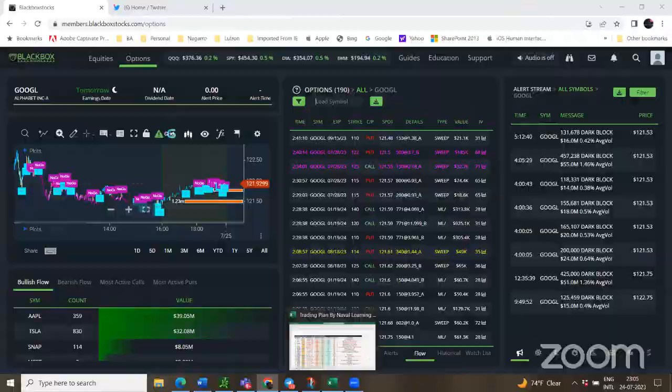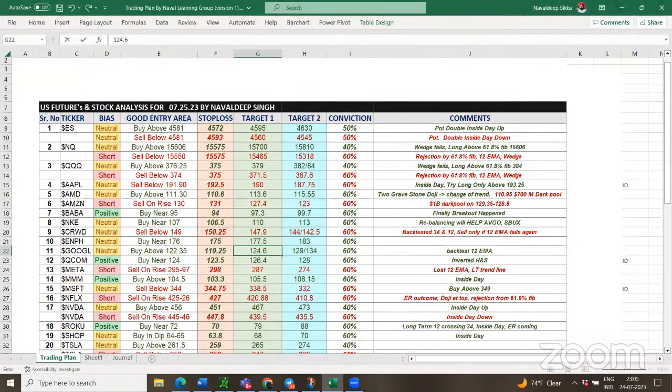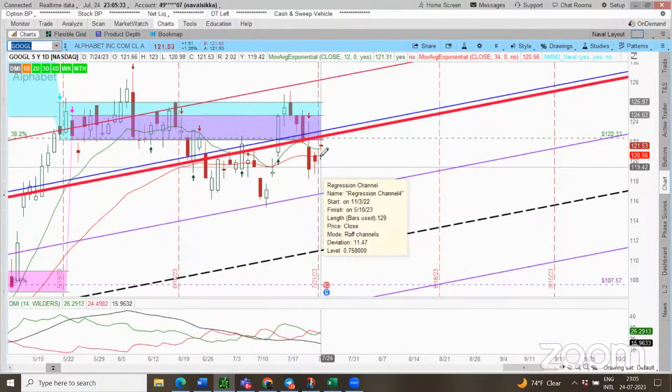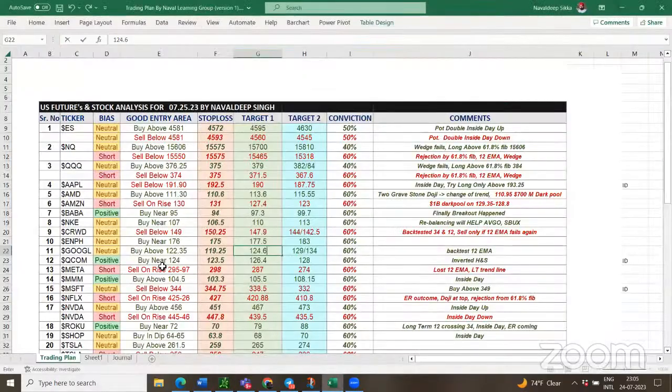If not, I'll just avoid it. My stop loss is 121.30. If it holds 121.30, I'll still take a chance on trying long, but I will not take naked options. I'll most likely take a butterfly on Google.